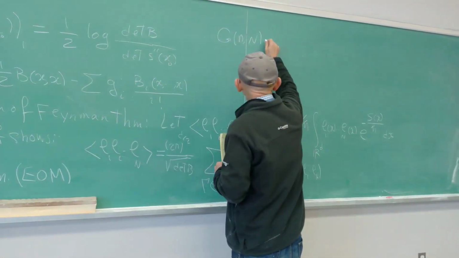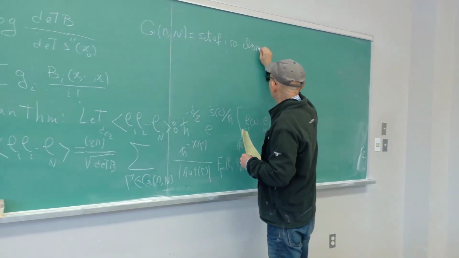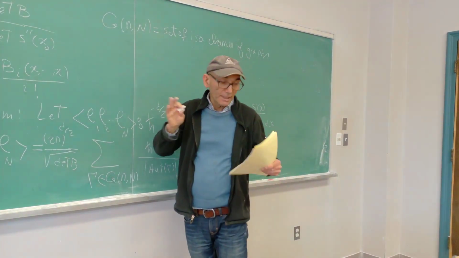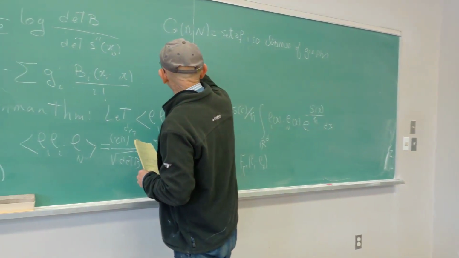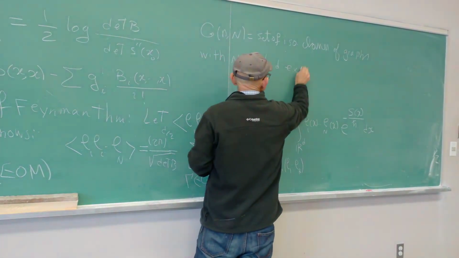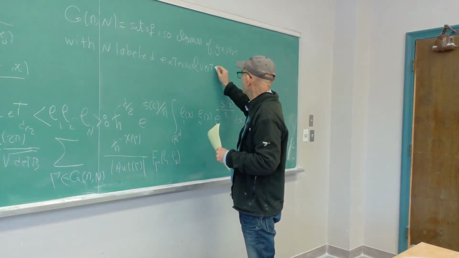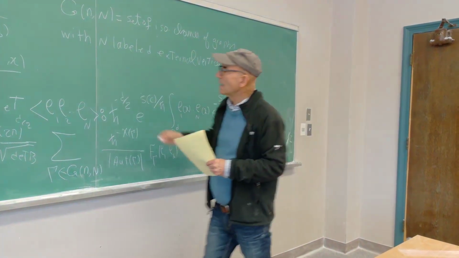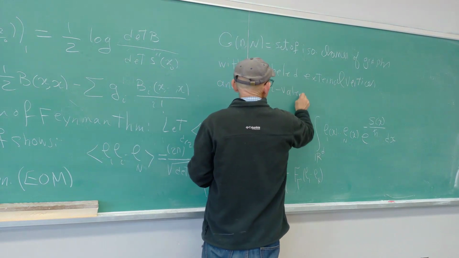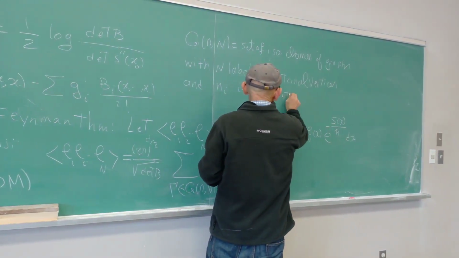So basically, this is a set of isomorphism classes of graphs with n labeled external vertices, and I-valent internal vertices.